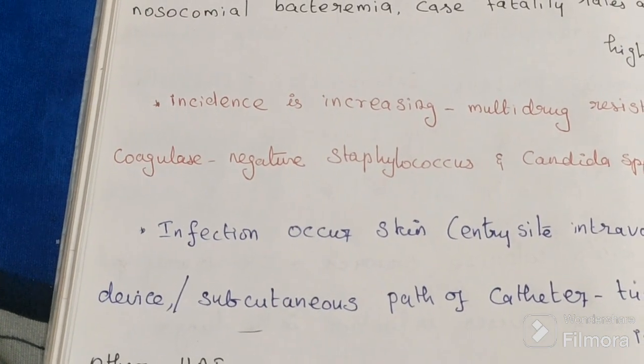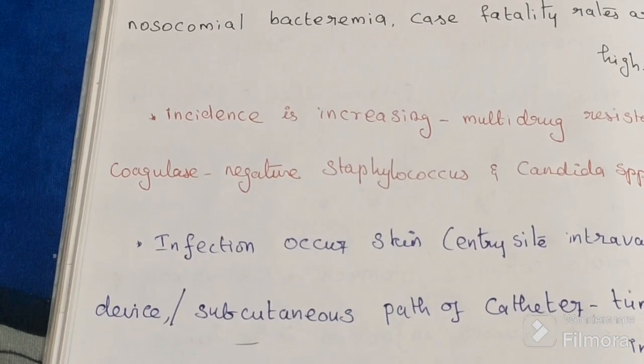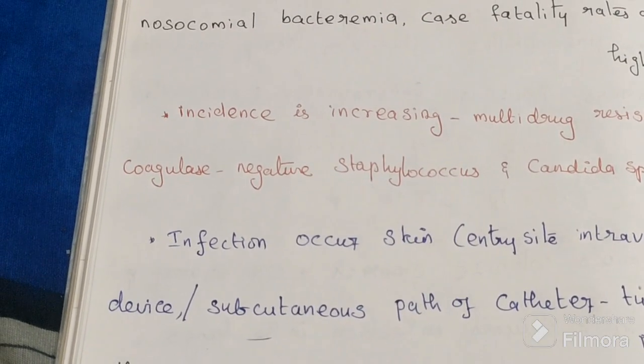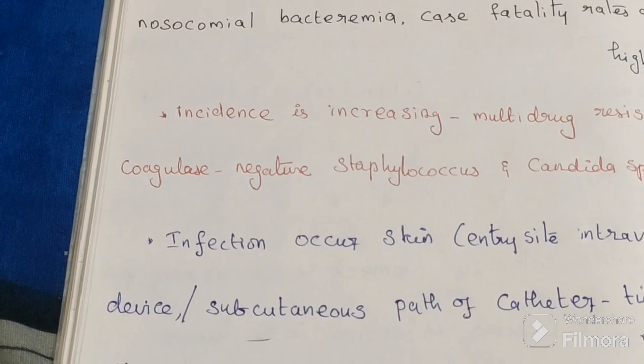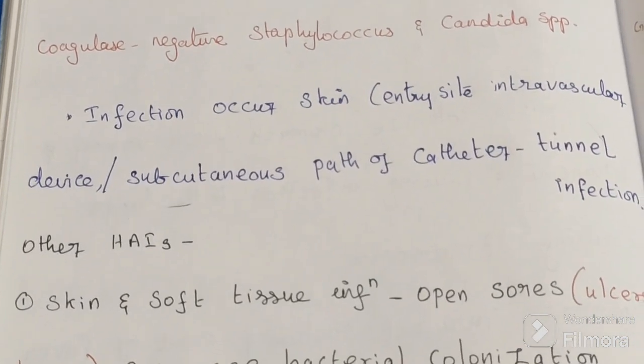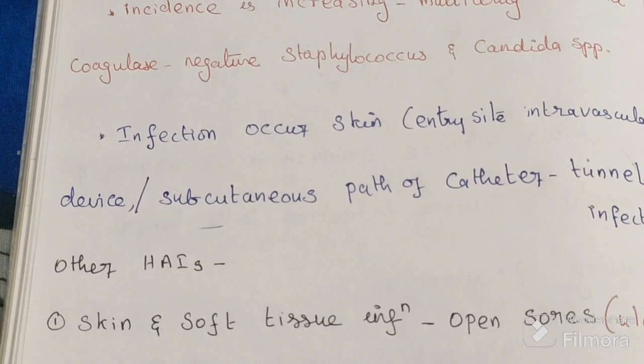Organisms colonizing the catheter within the vessel may produce bacteremia without visible external infection. The source of infection is the catheter.